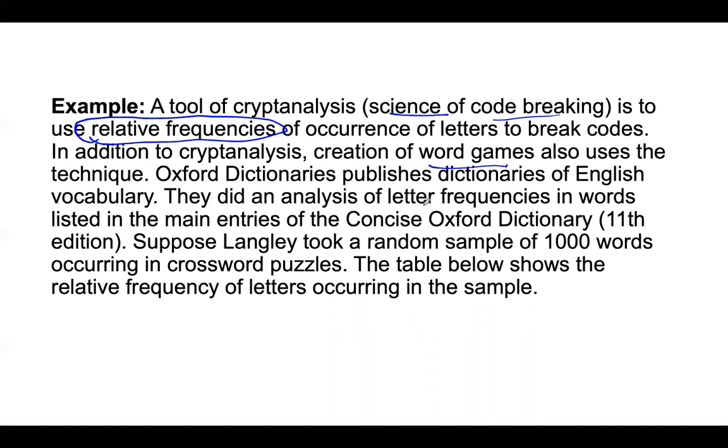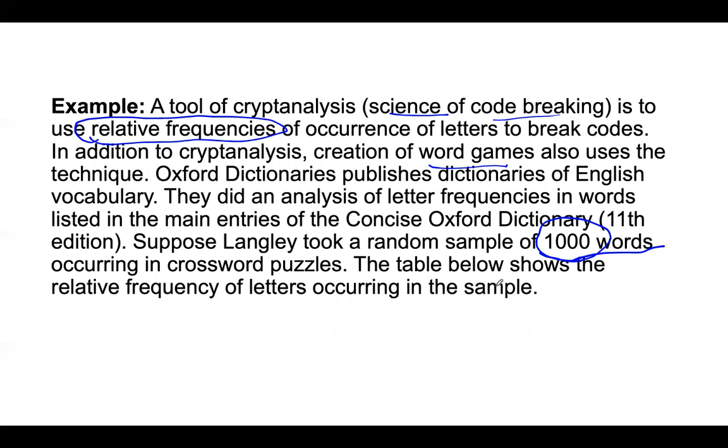So they did this analysis of letter frequencies and words and listed in the main entries of this Concise Oxford Dictionary. Suppose Langley took a random sample of 1,000 words occurring in this crossword puzzle. So we have 1,000 words.